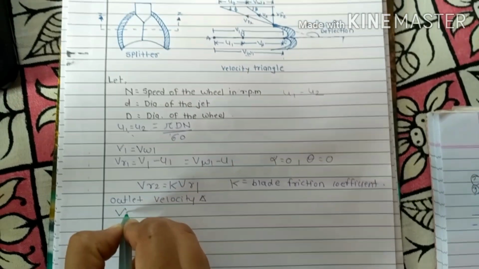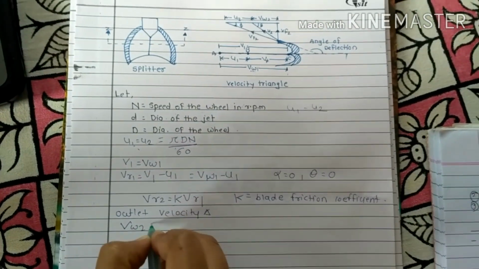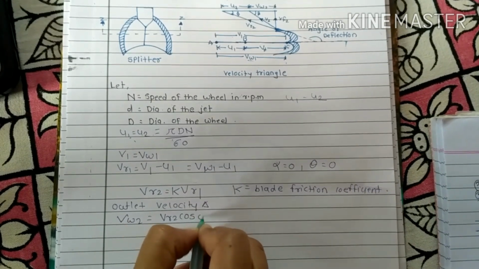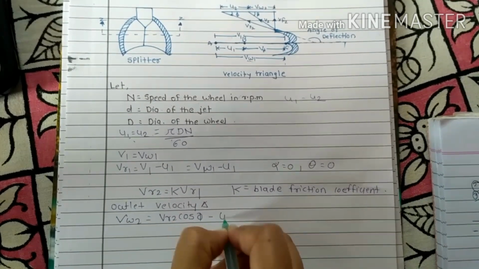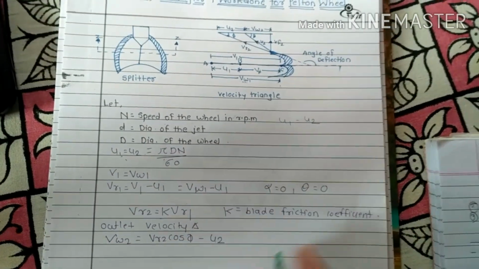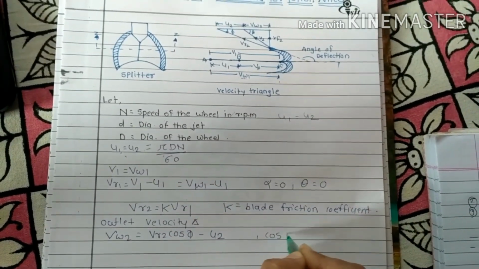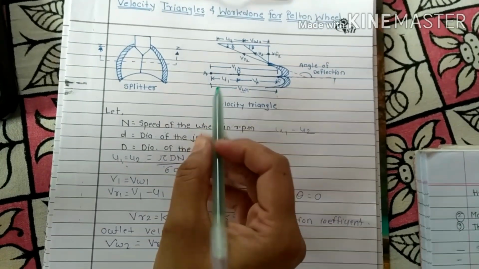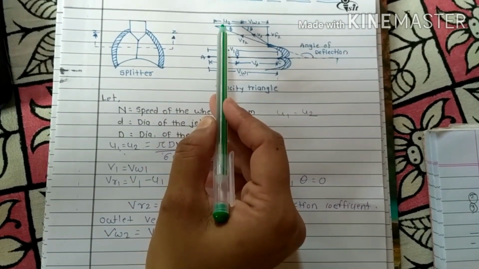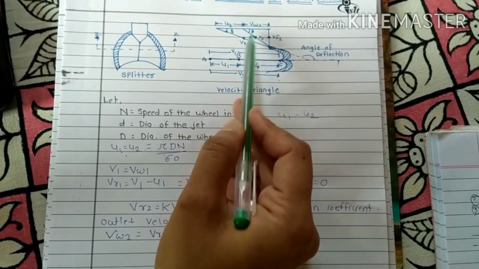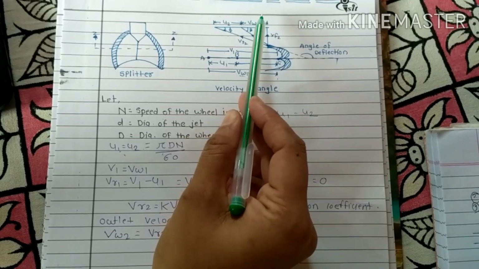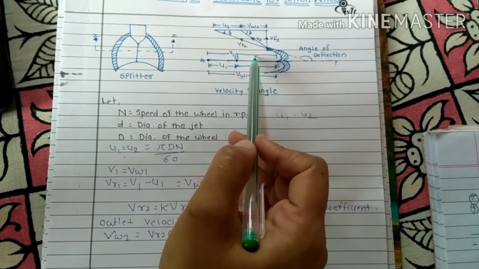the same relation is there which we have studied in the steam turbine. vw2 is equal to vr2 cos phi minus u2. Now how are we writing this equation? Just separately write cos phi first. What is cos phi? Here is your phi, and cos phi is nothing but u2 plus vw2 upon vr2.